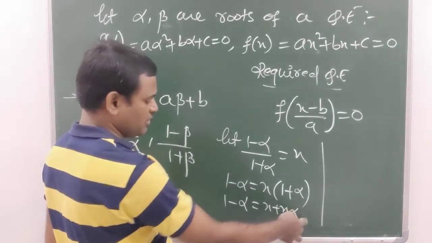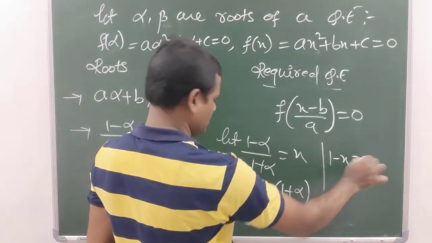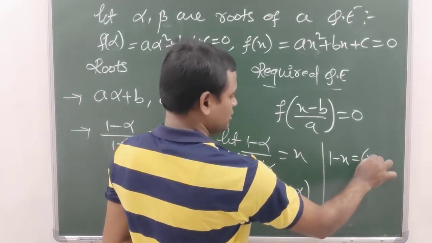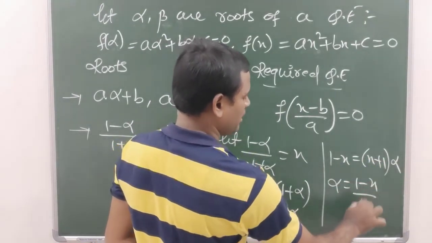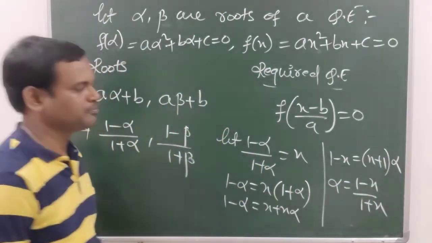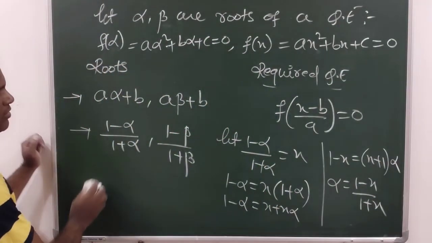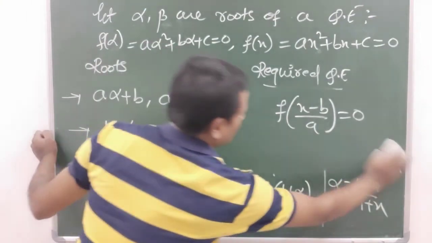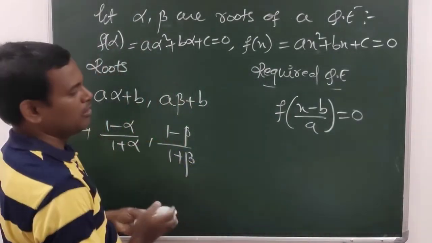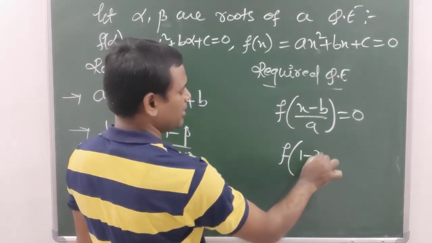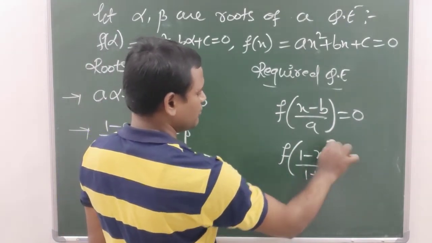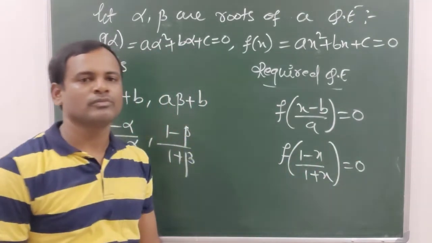So transfer this to the right side. 1 minus x is equal to x plus 1 of alpha. Now alpha is equal to 1 minus x by 1 plus x. Okay, right. Now replace this alpha by 1 minus x by 1 plus x, so that we will get f of 1 minus x by 1 plus x is equal to 0.